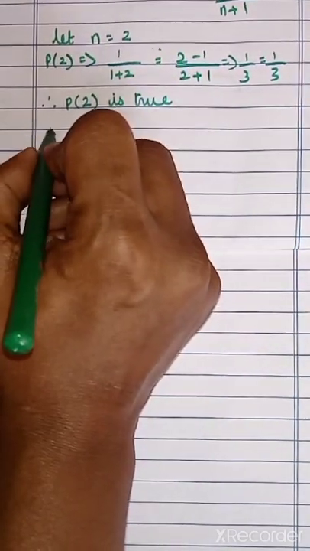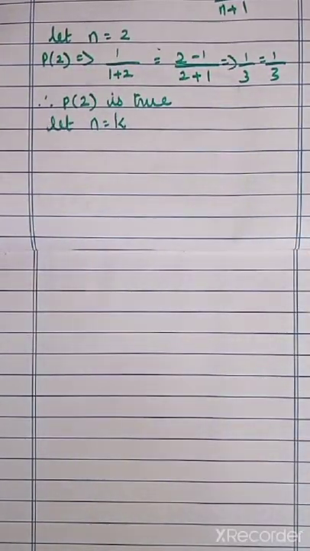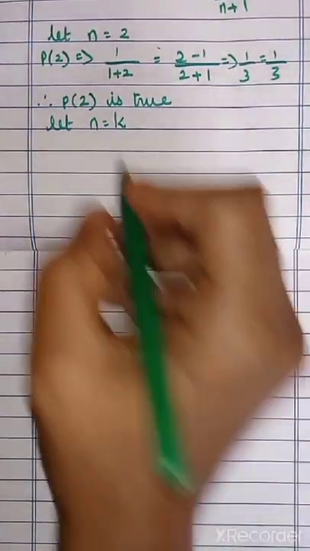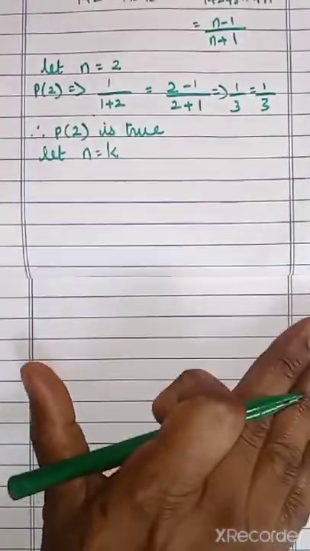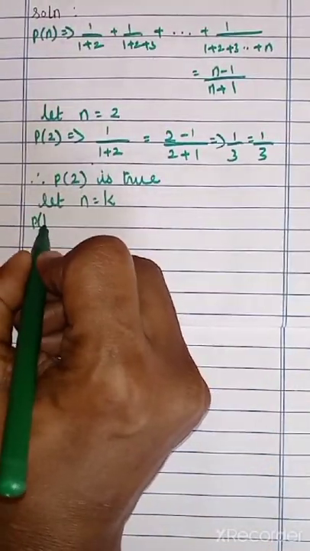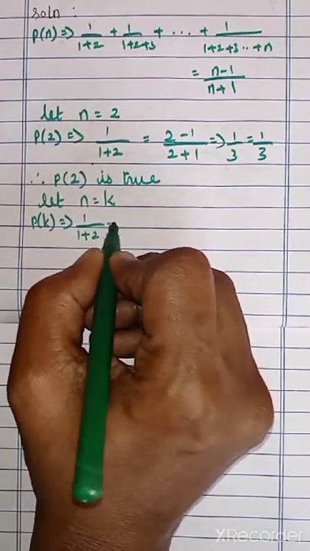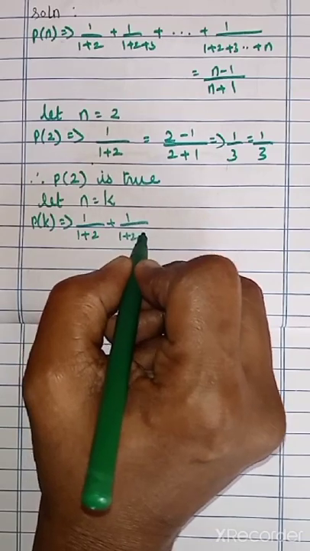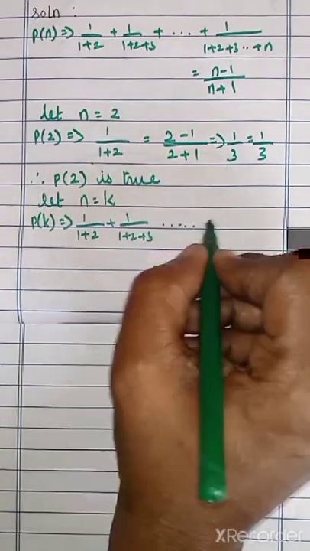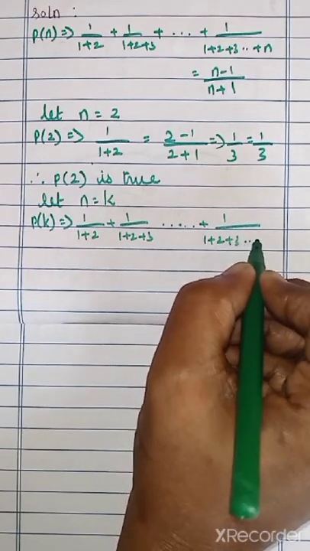What is your next step? Let n equal to k. Now, instead of n, what we have to substitute? k, correct? Now in this expression, P of k implies 1 by 1 plus 2, 1 by 1 plus 2 plus 3, etc., up to 1 by 1 plus 2 plus 3 etc. up to k.